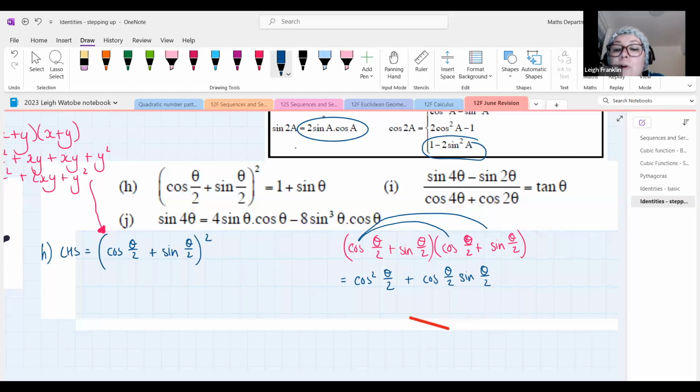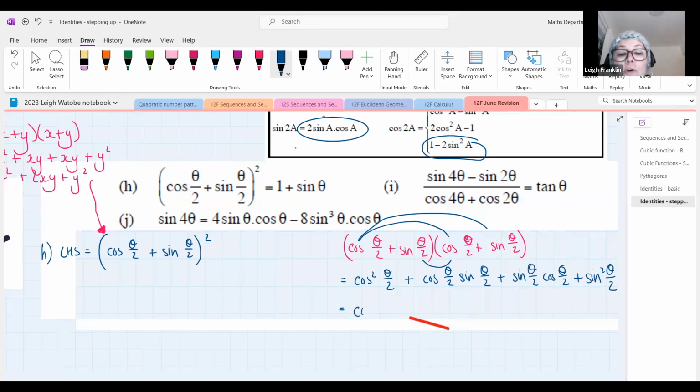Okay. Good, good. And then when you do your inners, you're going to end up with the same thing. So sine theta over 2, cos theta over 2. And then your last term would be sine squared theta over 2. So now your two like terms are the ones that are in the middle.